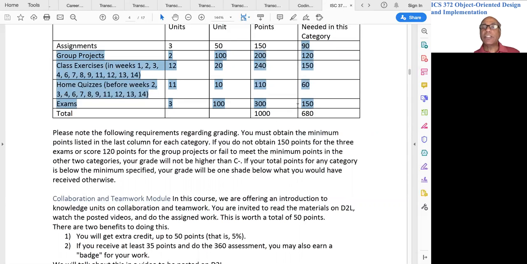So if you don't get the minimum of 150 for the 3 exams, or if you don't get 120 for the group projects, your grade is not going to be more than a C minus. And if you don't get 90 for the assignments or 60 for the home quizzes, your grade will be 1 shade below what you would have received otherwise.